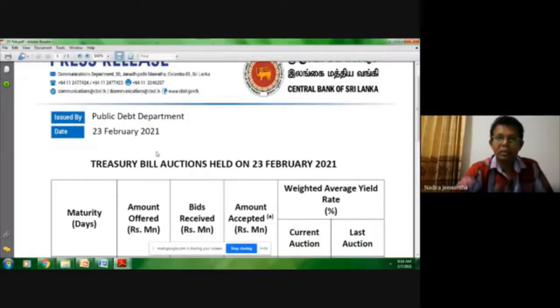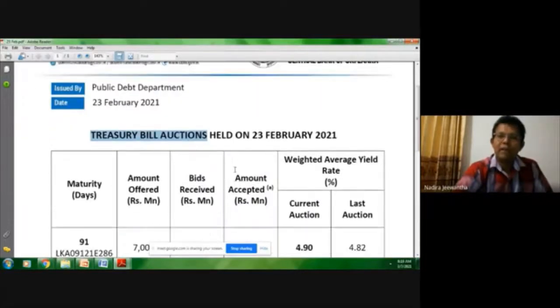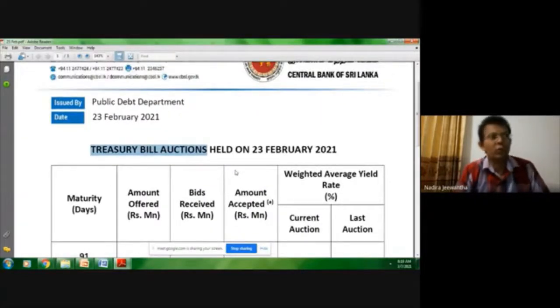The treasury bill auction. We have learned this, right? If you go to your early notes, we have discussed treasury bill rates coming down. Remember? When we started the session, I gave you an advertisement and the results sheet.